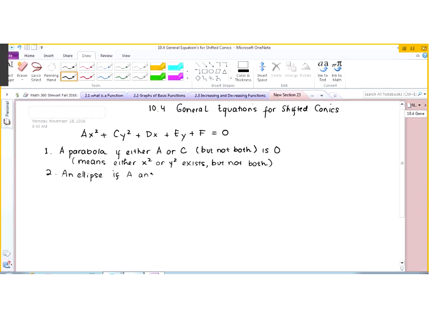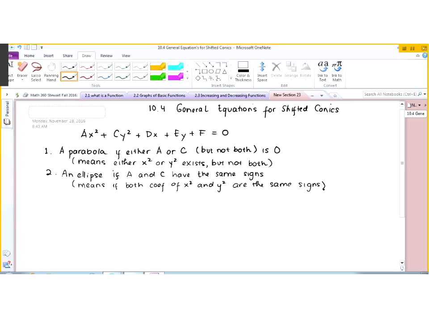So if A and C have the same sign, how does it translate to human language? It means if both coefficients of x squared and y squared are the same sign. That's what it means.